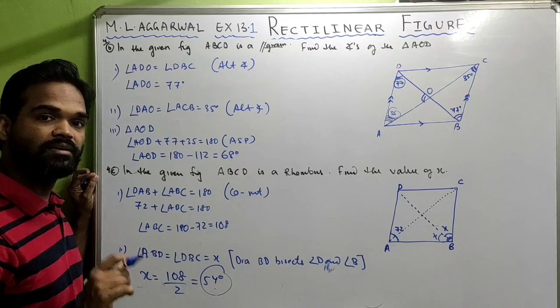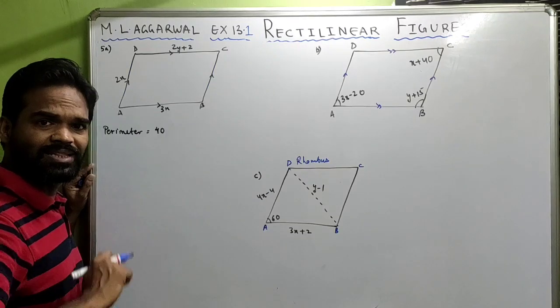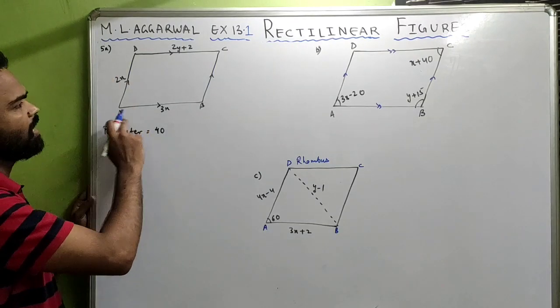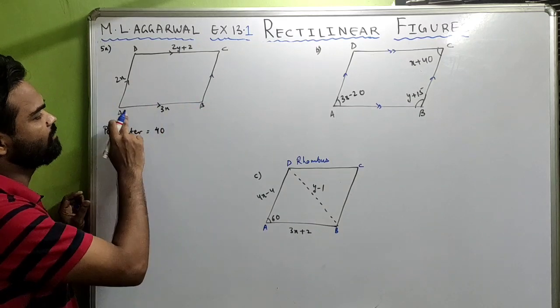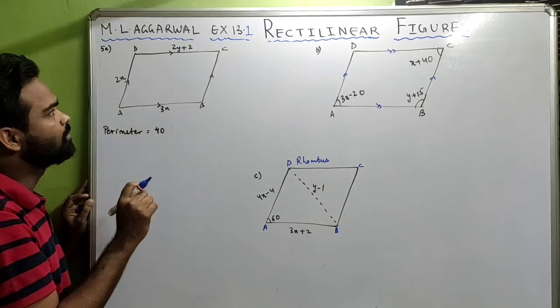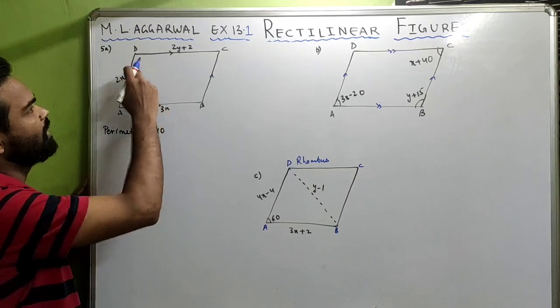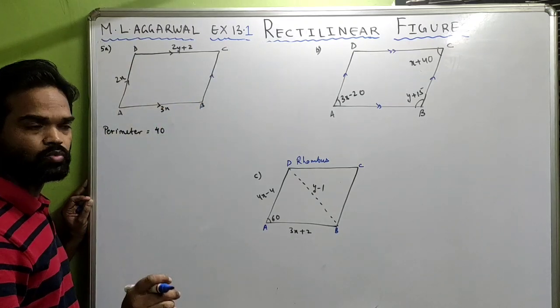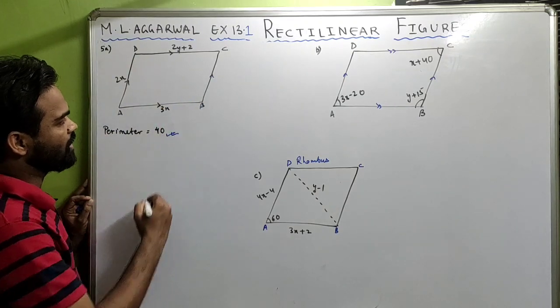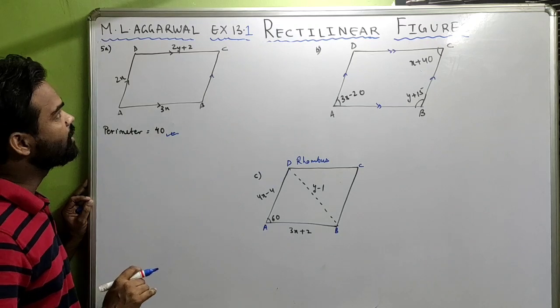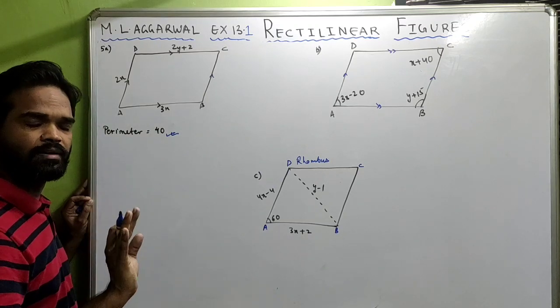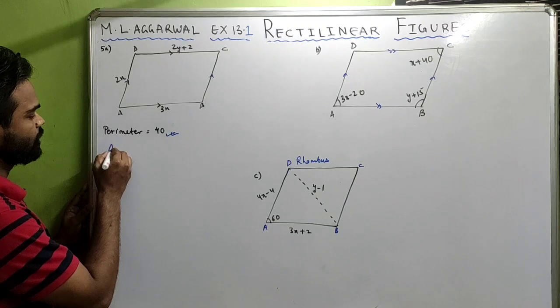Now let us look at the next sum. Now look at this sum, 5 part A. ABCD is a parallelogram in which AB is given as 3x, the length, AD is given as 2x, and DC is given as 2y plus 2, and the perimeter of this parallelogram is 40 units. Find the value of x and y. Very easy. Look over here.